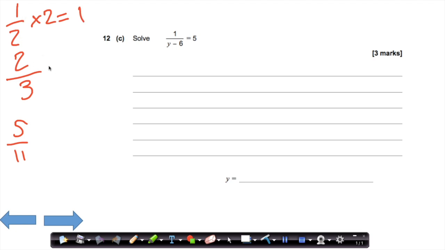If I had 2/3, and I multiply it by 3, as this was divide by 3, I multiply by 3, and I'm left with 2. 2/3, 3 lots of 2/3 would give you 2. If I have 5 over 11, and I multiply by 11, I have 5.